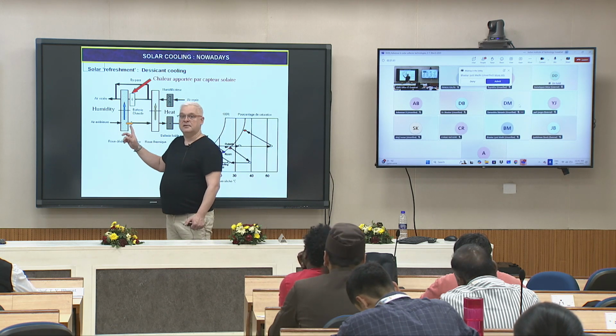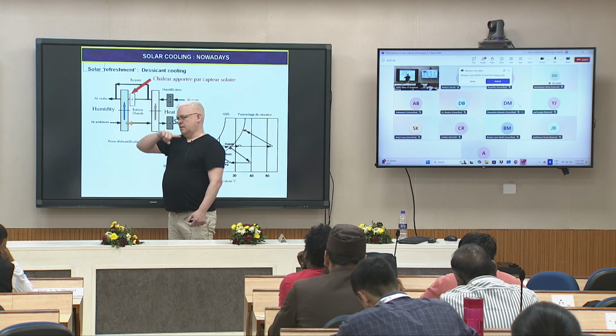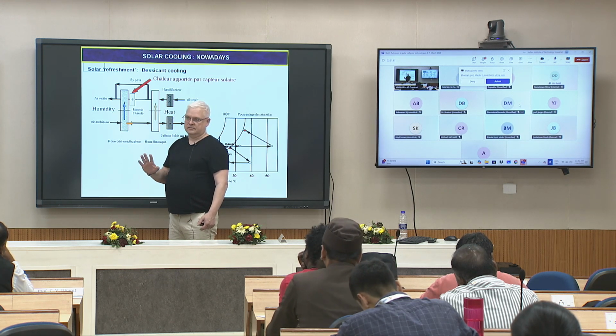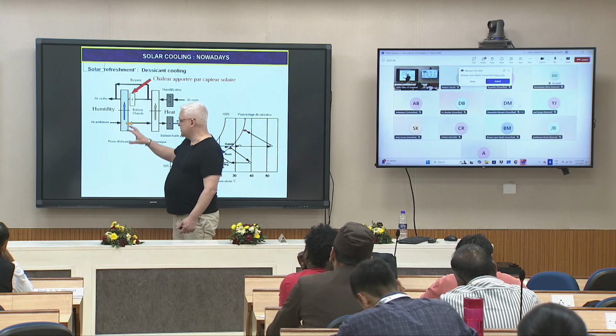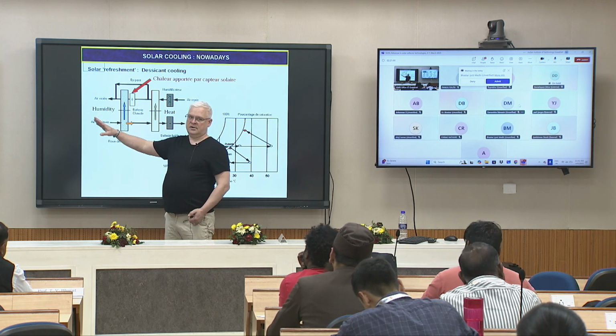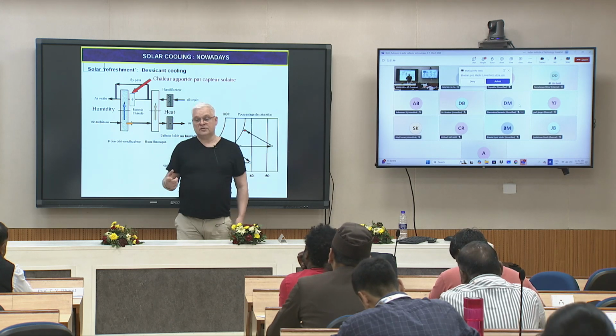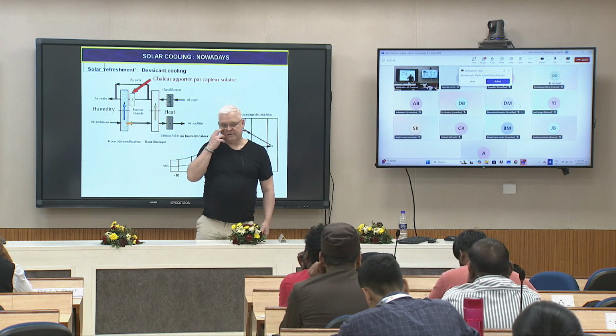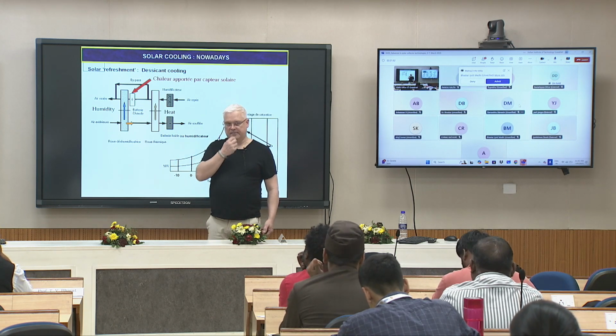Because if it's only partial, after a couple of hours it will saturate. So the humidity that is collected here has to be fully extracted. If it's not the case, the system will break down after several hours of operating.